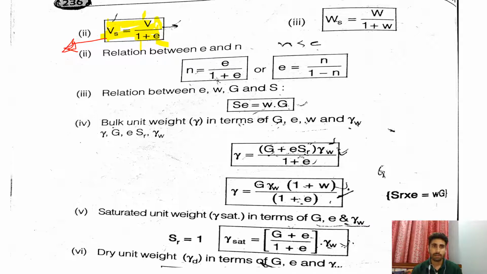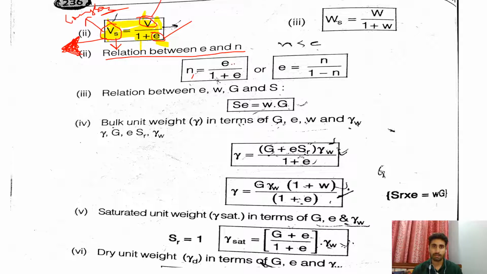If in any problem you have to compact soil taken from the borrow pit in the field at different values of e, then definitely the total volume of that soil will change, but the volume of soil solid will be constant. In that case, you need to find the volume of soil solid from the total volume and the value of void ratio.